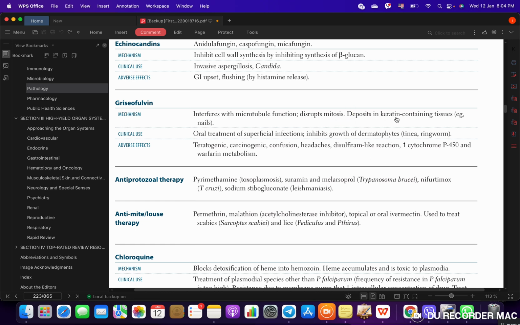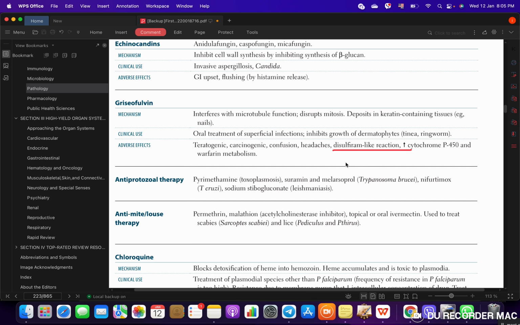So it deposits in keratin-containing tissues like nails. Nice. So we can use it for the dermatophyte that affects the nails. Oral treatment of superficial infection, and it inhibits the growth of dermatophytes like tinea or ringworm. The adverse effects include teratogenicity, carcinogenicity, confusion, some headache and disulfiram-like reaction, so we should not consume it with what?